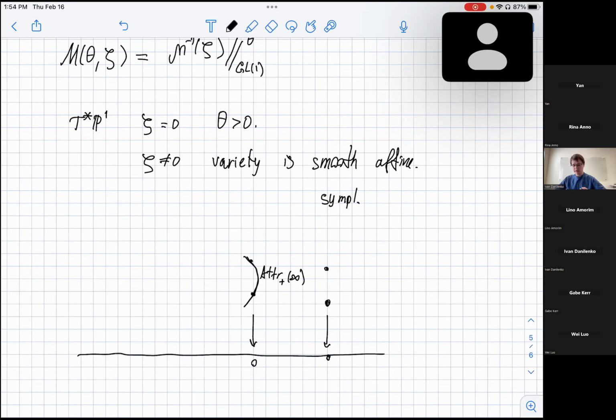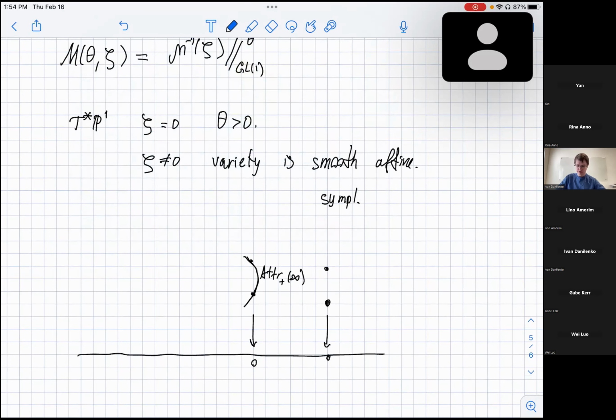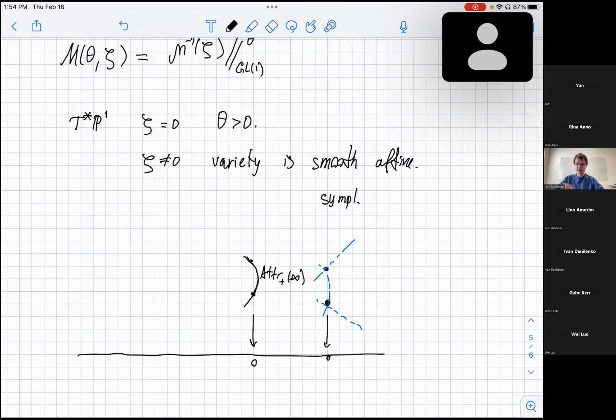And basically, if I'm trying to plot how my attractor now looks in the deformed one, let me draw these things, even though now they are not holomorphic. These are corresponding real things if I trivialize my family as real manifolds. It now looks like my attractor goes to infinity here.